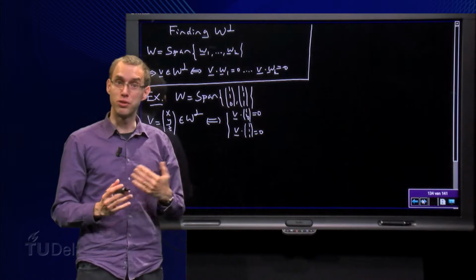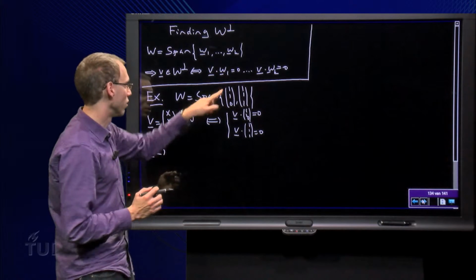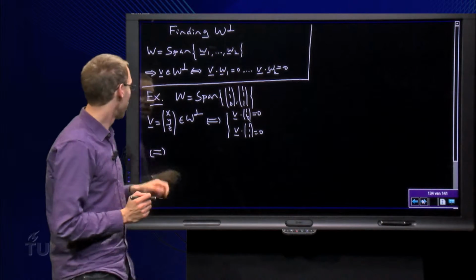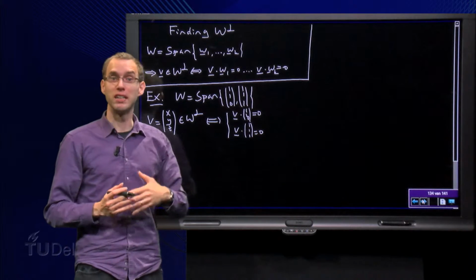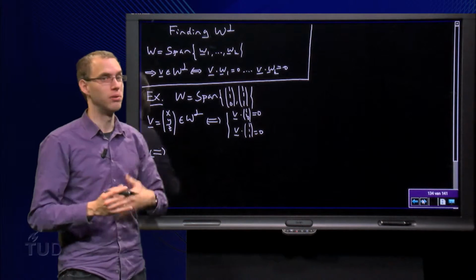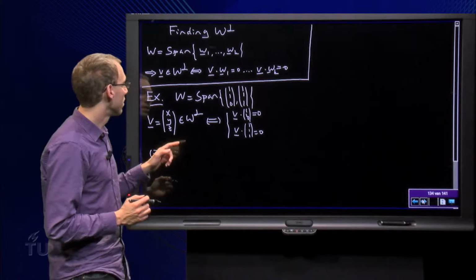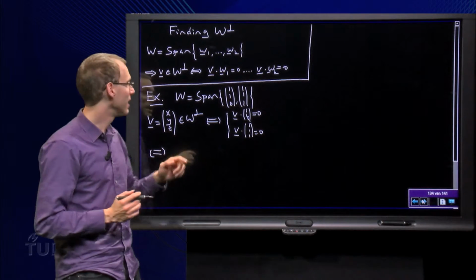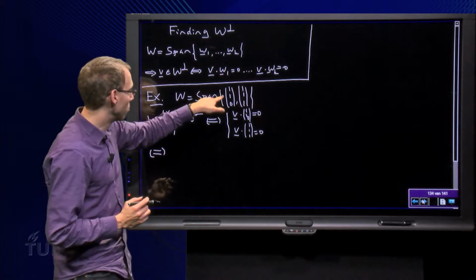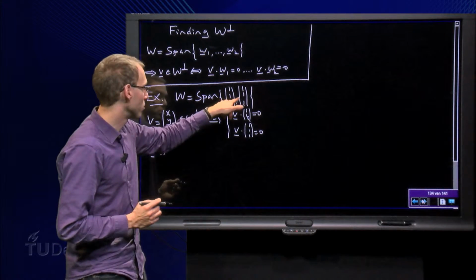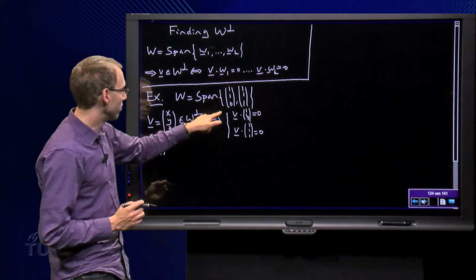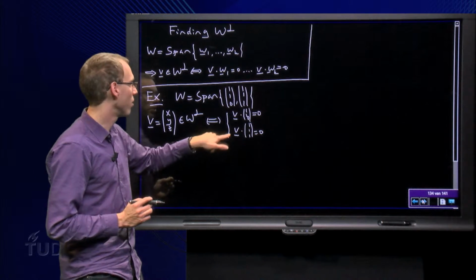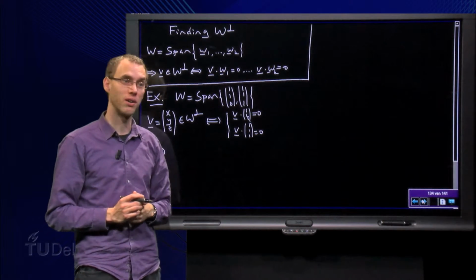We take a span of two vectors in R3, so this will be a plane. And I want to find a v, say (x, y, z), I don't know x, y, and z, in W perp. So what does this mean? v has to be orthogonal to (1, 1, 0) and orthogonal to (1, 1, 1). So we find v·(1, 1, 0) equals 0 and v·(1, 1, 1) equals 0.